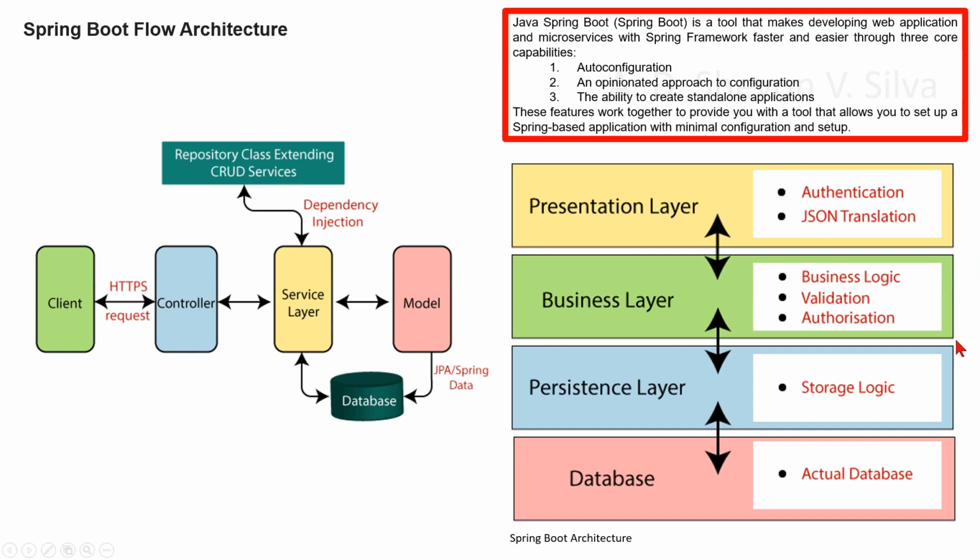Business layer. This layer encompasses the business logic in the application. It performs the validation and authorization of the request and has several service classes. These service classes then interact with the data access layer, persistence layer.